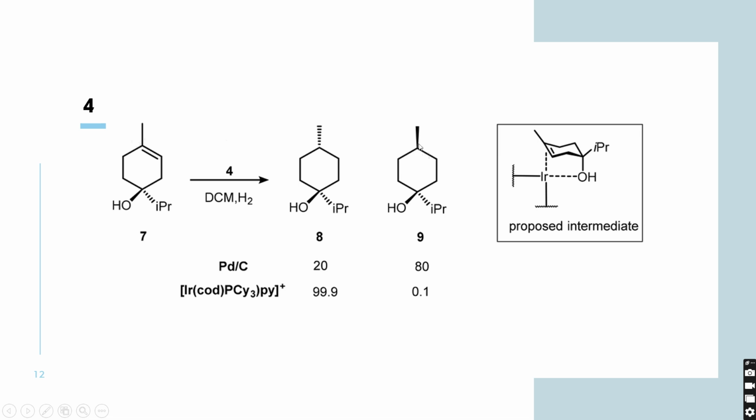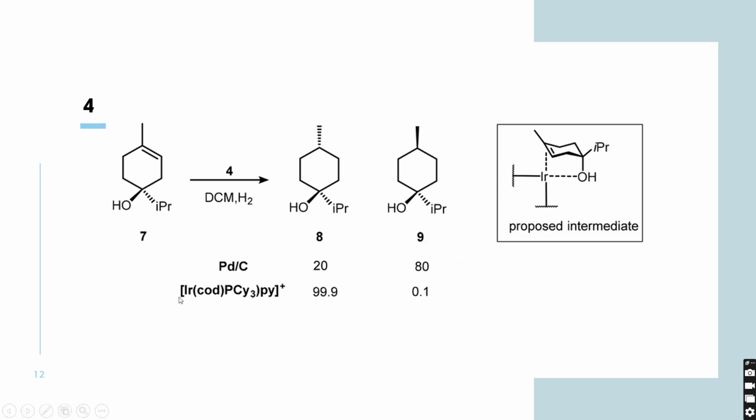So it will be either syn to the alcohol or anti to the alcohol. If you look at the product ratios, when you are using palladium carbon, product 8 is a minor product and product 9 is a major product.